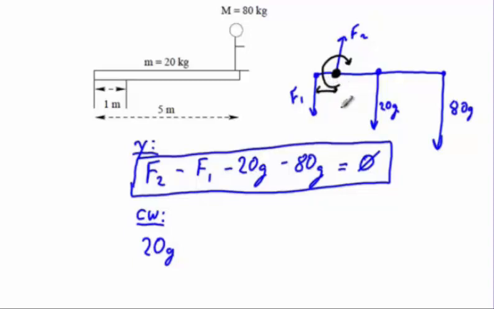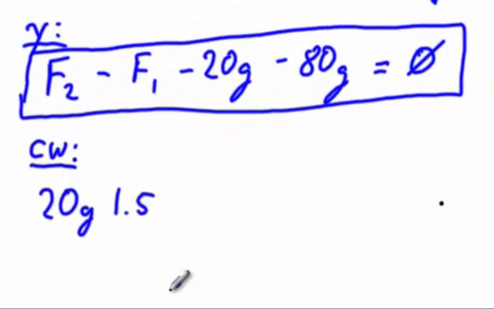Since the diving board has an overall length of 5 meters, the distance from the left-hand edge to the gravity force is 2.5 meters, meaning that the distance from the gravity force to our chosen pivot is 1.5 meters. This completes the torque due to the gravity acting on the diving board itself.